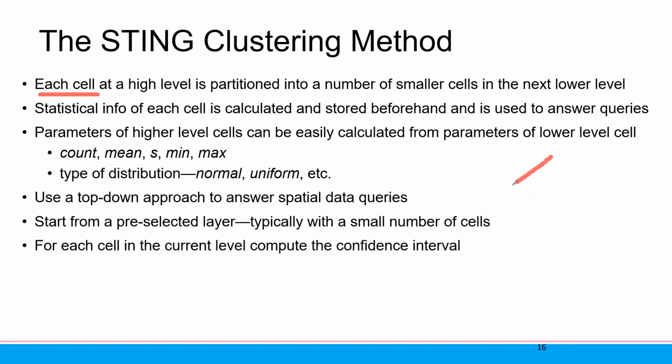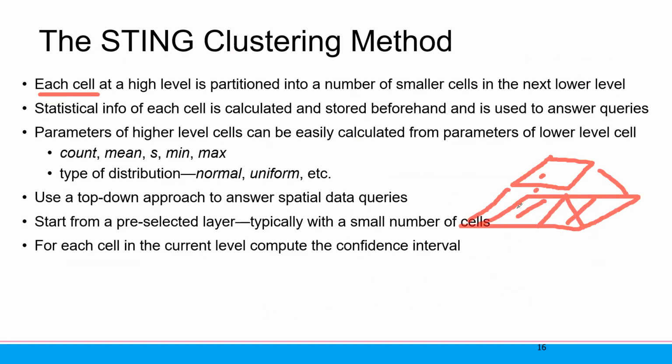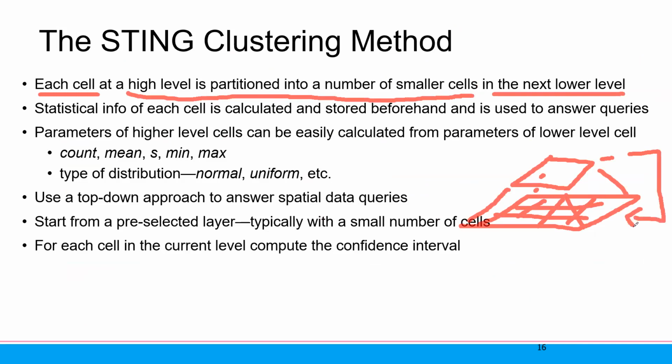If we have one cell at the top, we can see the lower cells with the grid. The higher level is partitioned into a number of smaller cells in the next lower level. First we have only one cell, so we can see more cells in the lower level.